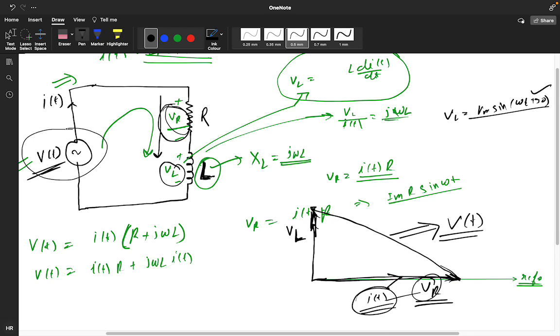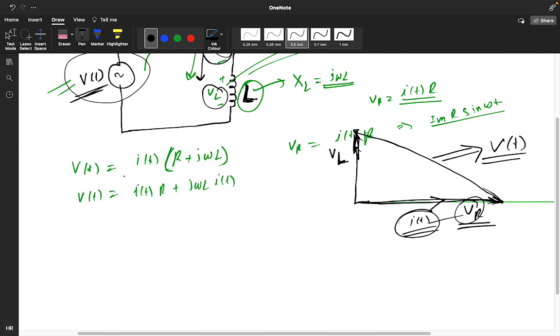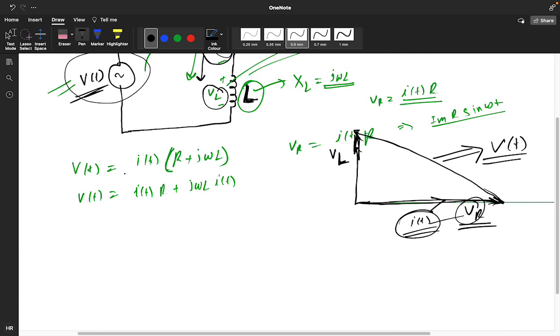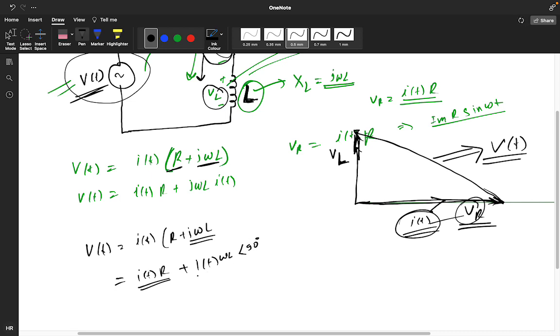So you are getting V of t is equal to I of t into R plus j omega L. So I of t into R is one term, and the other term is I of t into omega L, which I am writing at 90 degrees.